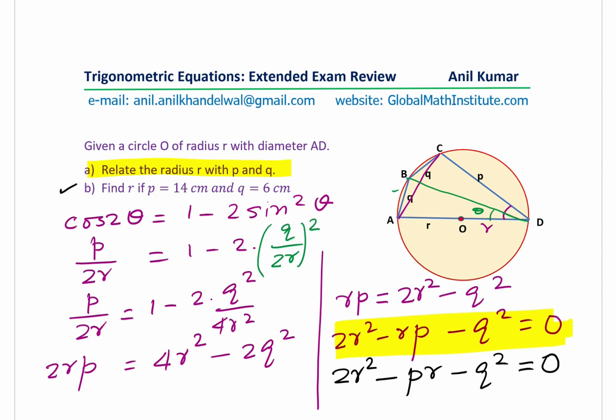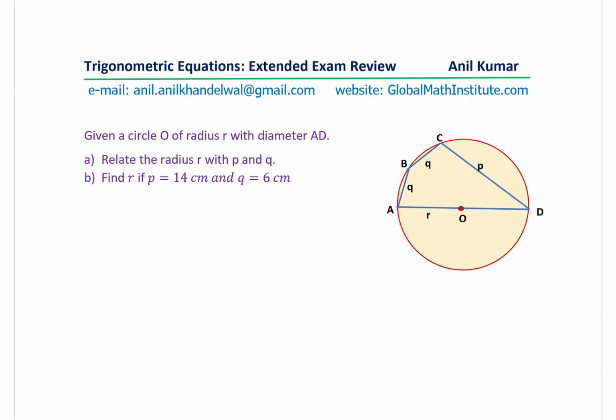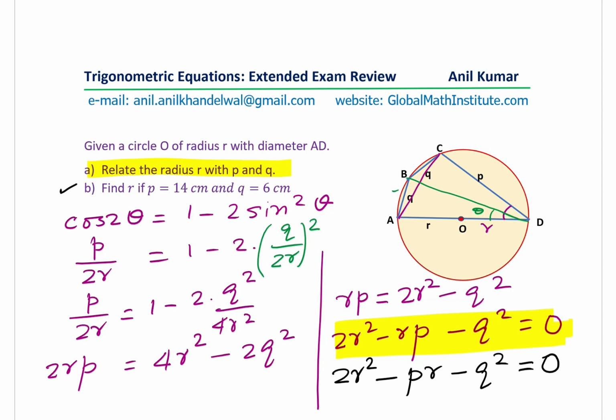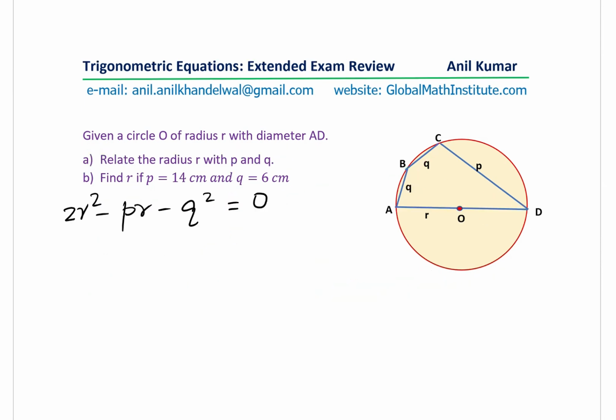Let's move on to a fresh page. So the equation is 2R squared minus PR minus Q squared equals 0.